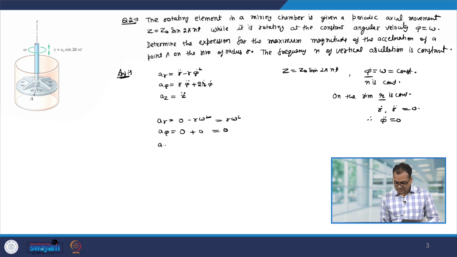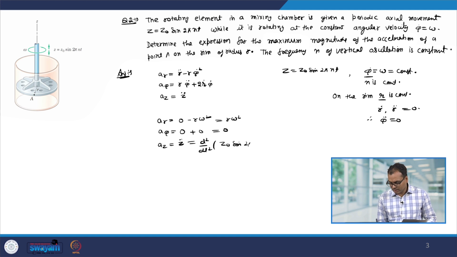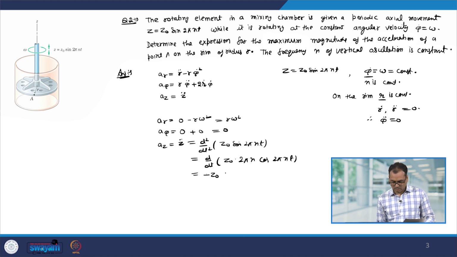Now, let us look at A z. A z was z double dot, which is d2 over dt square of z naught sin 2 pi n t. So this becomes d over dt of z naught 2 pi n cos 2 pi n t, and this becomes minus z naught 4 pi square n square sin 2 pi n t.